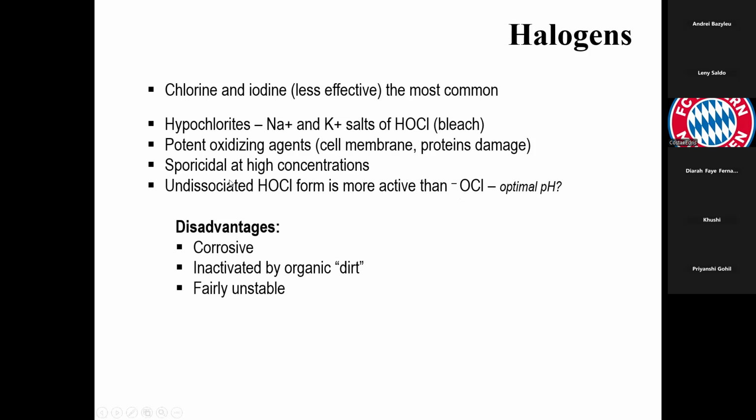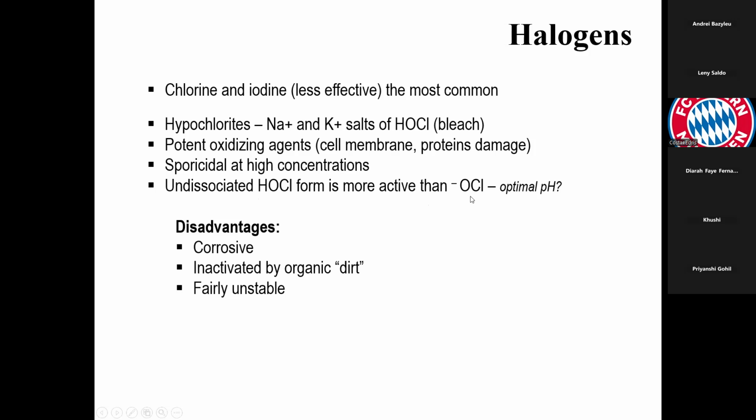And it's also a very common case, undissociated form being more active than dissociated form, because the free radicals that are the actual oxidizing agents, the products of HOCl, are formed much more eagerly from the undissociated form of the acid.